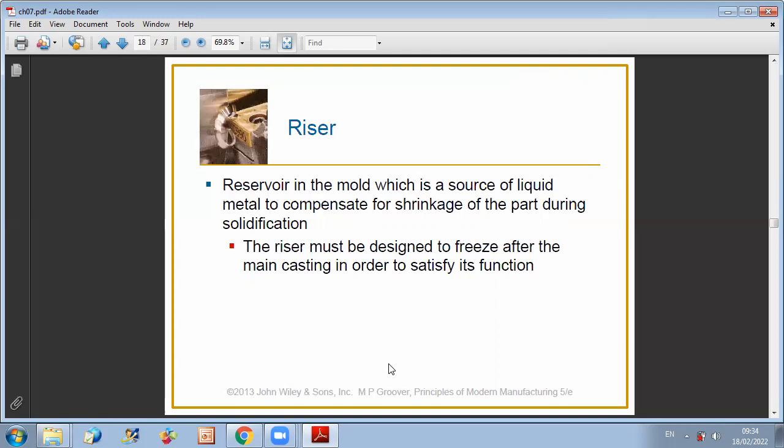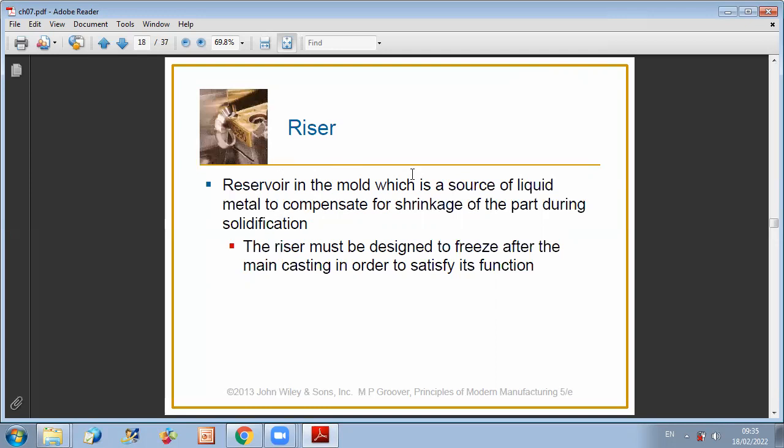But also a good strategy to compensate for shrinkage is the following. As you start to have shrinkage, this will lead to formation of voids, empty parts in your cavity. To compensate for this, the riser can continue to provide your cavity with molten metal in order to fill these voids.